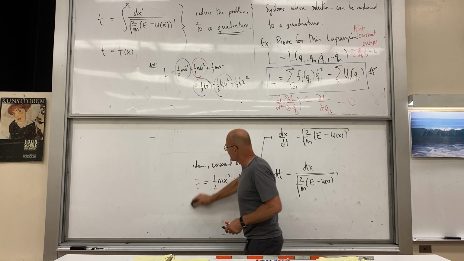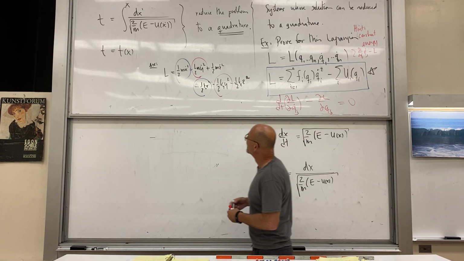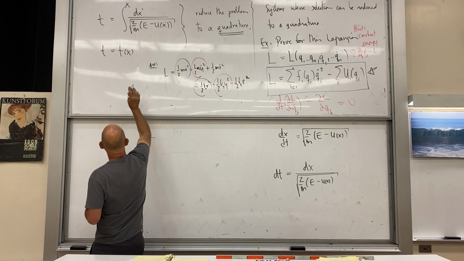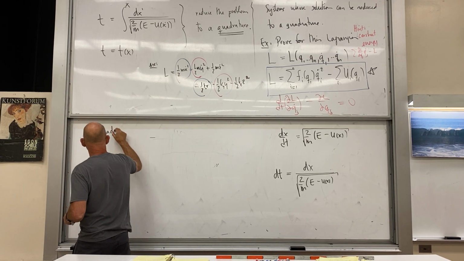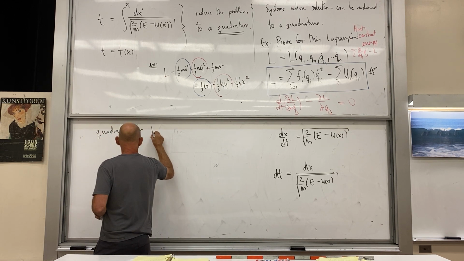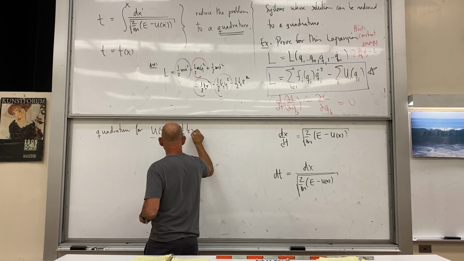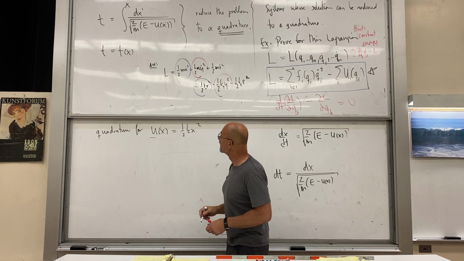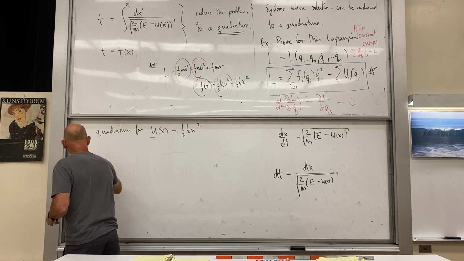In fact, I'll make that a homework problem as well. All very basic. So this expression, the quadrature for U of x equals 1/2 k x squared. Okay. Because now we go into that expression up there.